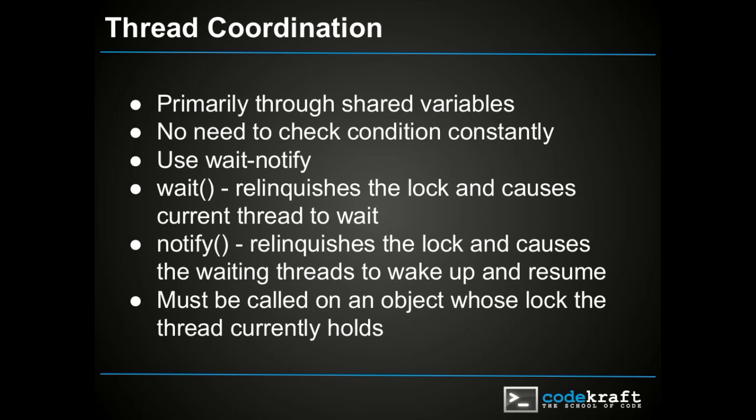So make sure that you have the lock to that object, which essentially means that the thread should be running inside a synchronized block, or it should be executing a synchronized method. Once you call wait, you relinquish that lock, and that current thread goes into a waiting state.